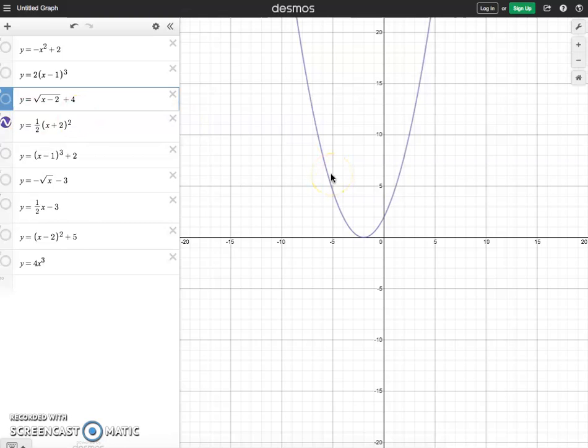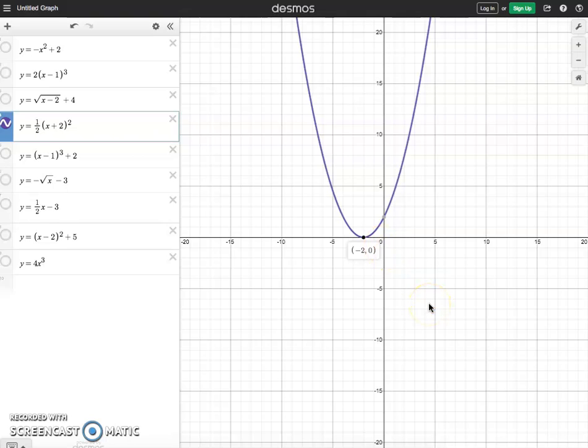Next, we have number 36. This is a quadratic function. We already looked at one for number 33. So I want to remind you the domain we automatically know is all real numbers because it's a parabola. And the range is restricted. This time it's restricted by a minimum. And that minimum is located at (-2, 0).